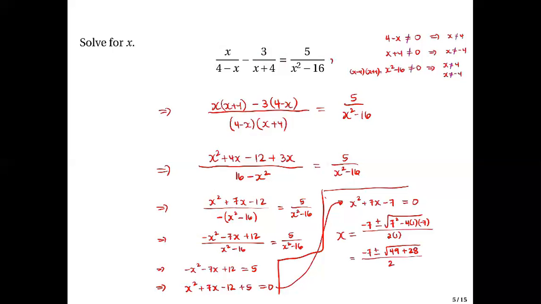Then all over 2. So this is negative 7 plus or minus square root of 77 over 2. So these are the values for x.